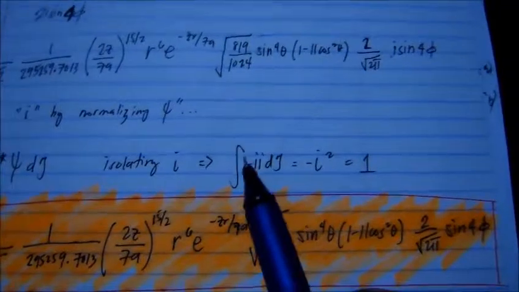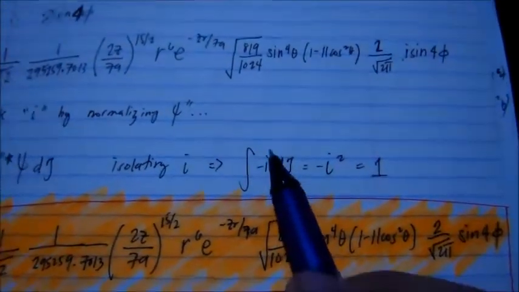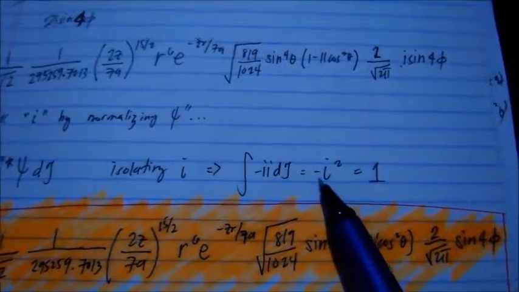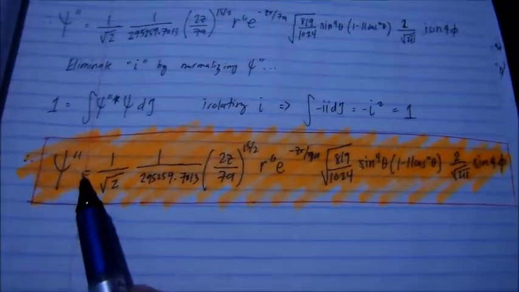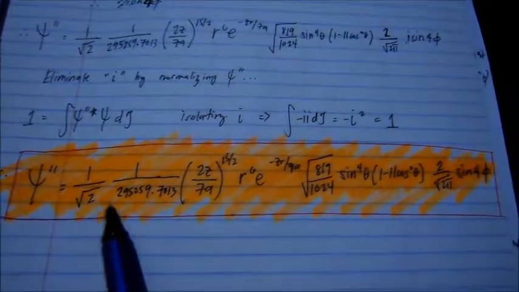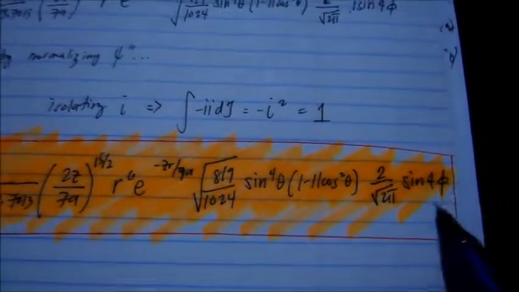So here, the integral of negative i times i d tau will be equal to negative i squared, which is equal to 1. So therefore, our psi double prime will be like this. The only difference from psi prime is in this term. Okay, this is another term for the 7i orbital.